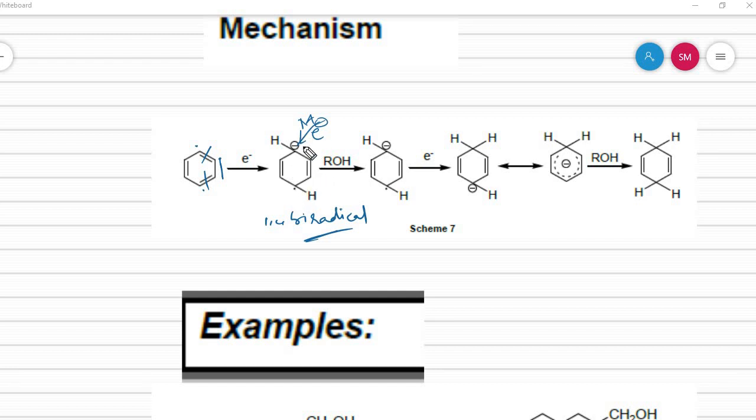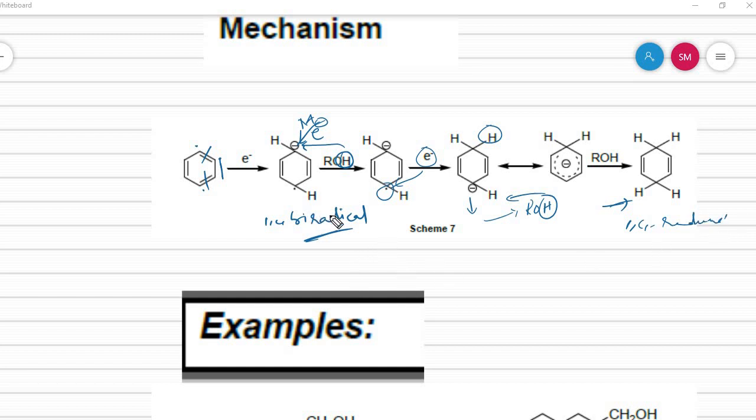Again it becomes an anion, which abstracts a proton from the proton source and converts into the alkane. Again electrons from the metal are abstracted, forming an anion which extracts a proton from the solvent, giving the 1,4 reduced system.